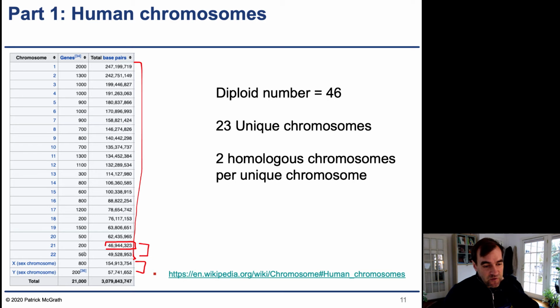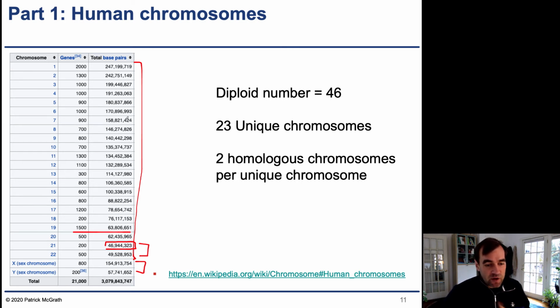And then if you look by the number of genes, there's not an exact linear monotonic effect. The larger chromosomes tend to have more genes, but you'll also see that there are a lot of exceptions to that rule. For example, chromosome 19 has 1,500 genes, which would place it as number 2 in the order.